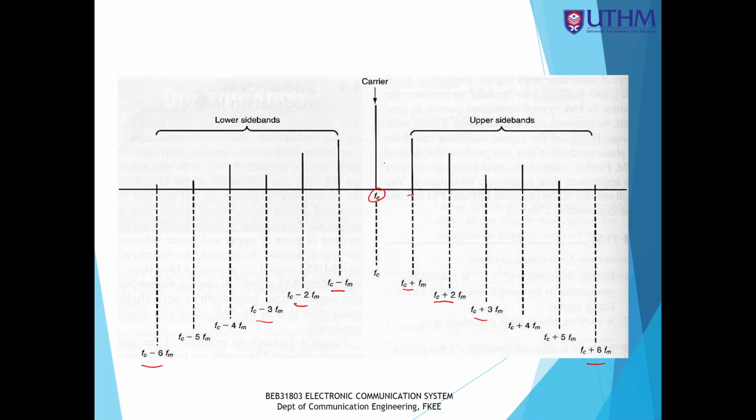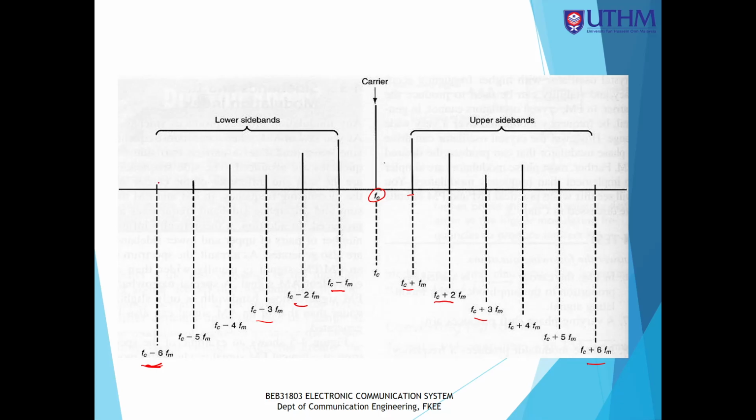So the total bandwidth, the total range of sideband, is from Fc minus Fm until Fc plus 6Fm. Again, this is the location of the frequencies.